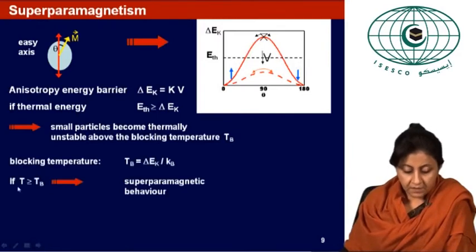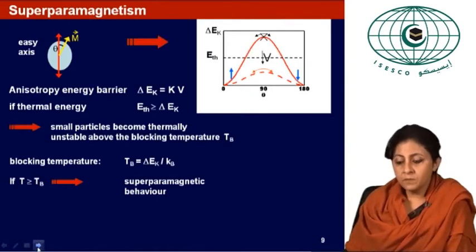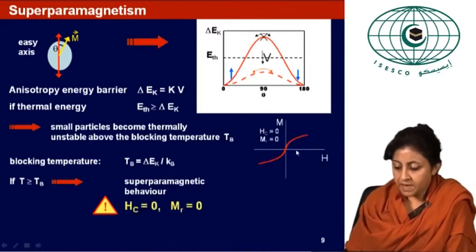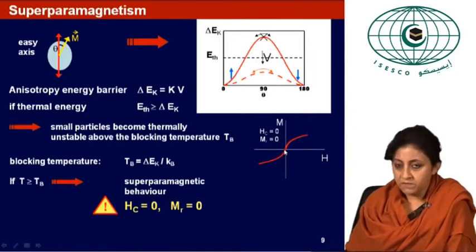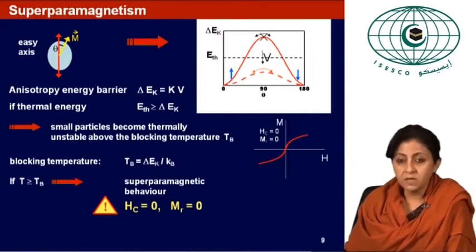So if the temperature is larger than the blocking temperature, then the particle will behave superparamagnetically. That is, its magnetization curve will show zero coercivity and zero remnants, zero magnetization at zero field, because the magnetization is just flipping at too fast a rate for us to be able to detect it.